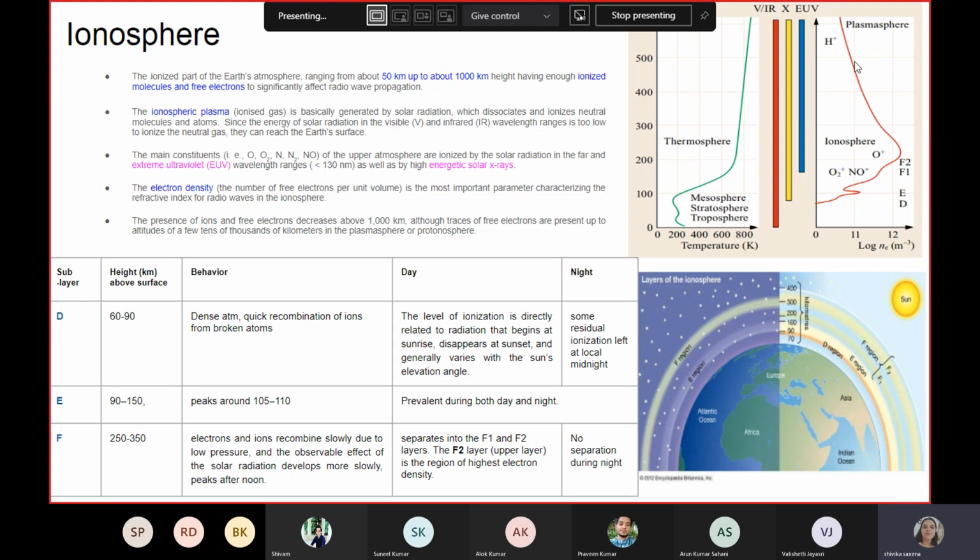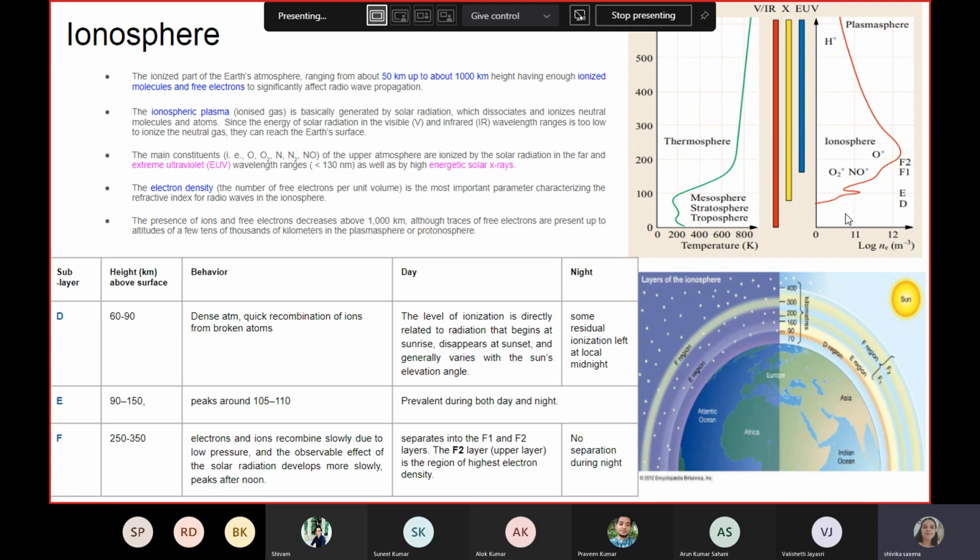Why is this decrease happening? Because of the low material present here to be ionized. The atmosphere gets rarer and rarer in terms of the molecules available for ionization, so the electron density decreases as we go towards the end of the atmosphere.